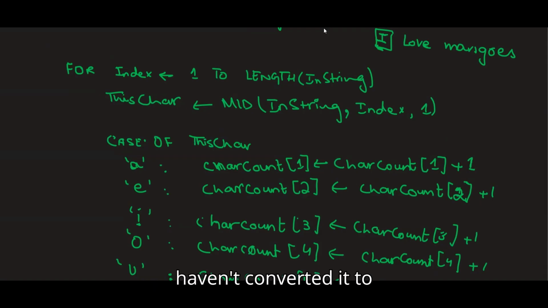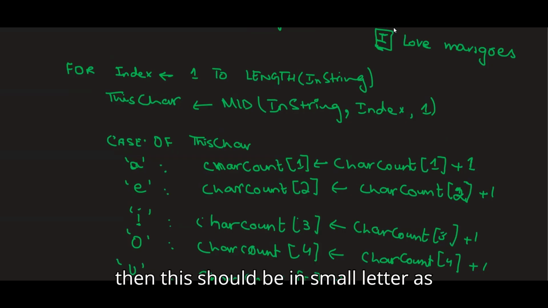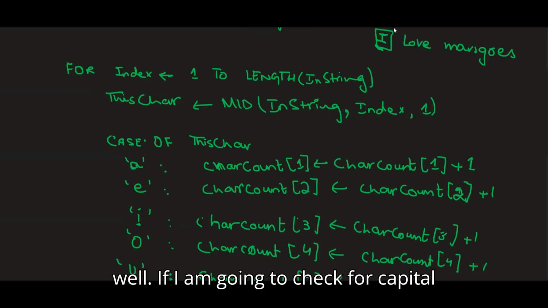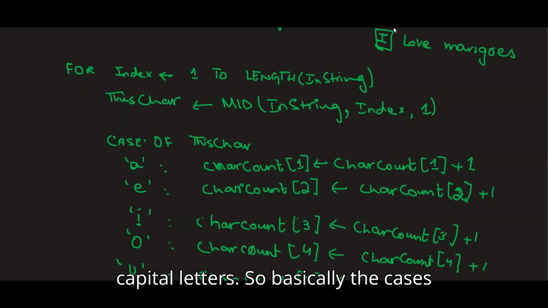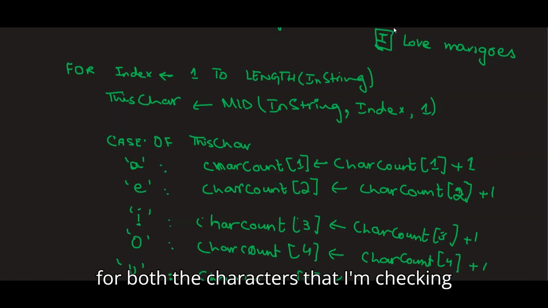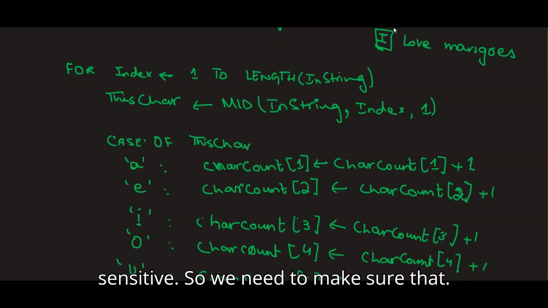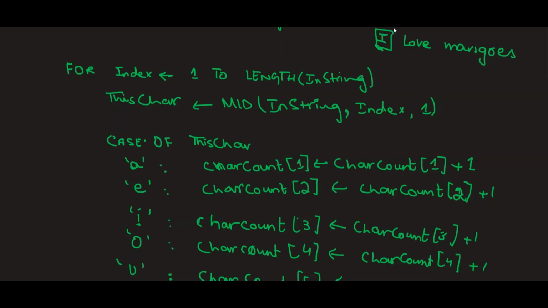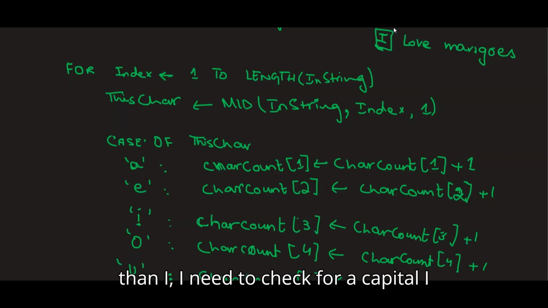Why? Because I haven't converted it to the same case. For example, if I'm checking for small i, then this should be in small letters as well. If I am going to check for capital letters, then both should be in capital letters. So basically the cases for both the characters that I'm checking should be the same, because programming languages are case sensitive. So if I'm checking for small i, then I need to check for a capital I as well.